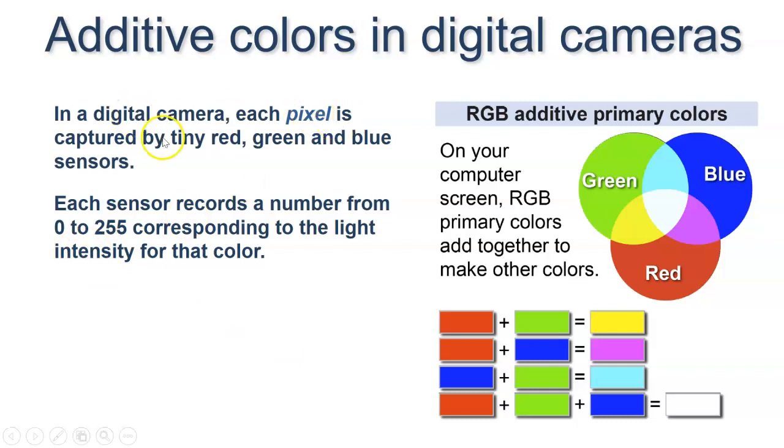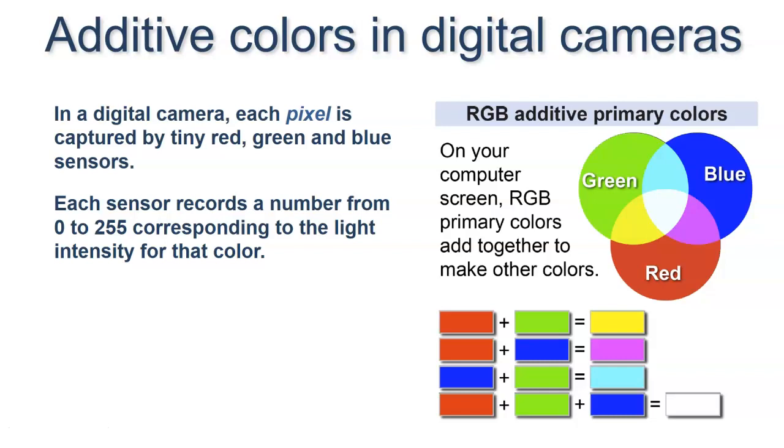So each pixel is captured by tiny red, green, and blue sensors, and each sensor will record a number from 0 to 255 according to the light intensity. So as you take a picture, it's basically reading every little color that it sees and recording it. And think how much time it takes to take a picture.